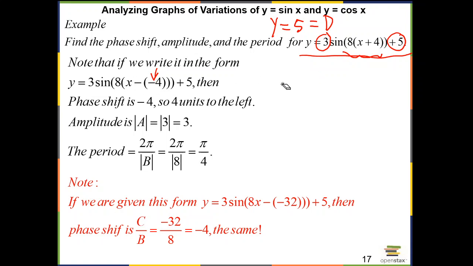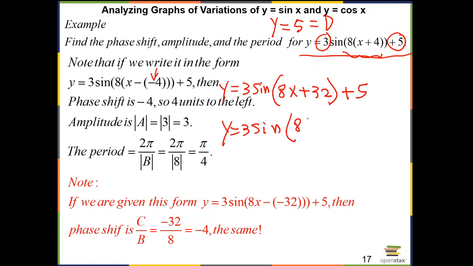So really, if you write it as 8x plus 32, right, you see that? I did that on purpose so you don't get confused if you see it. If I give you this function this way, or if I give it to you this way, you should know that these are exactly the same.